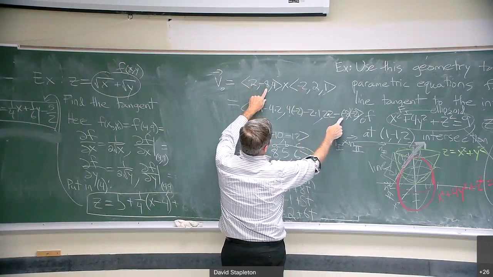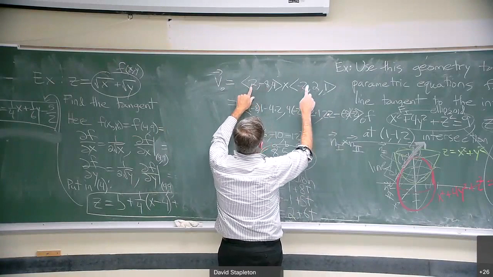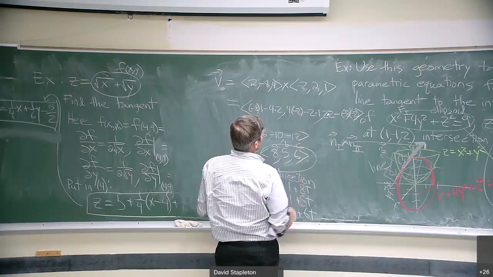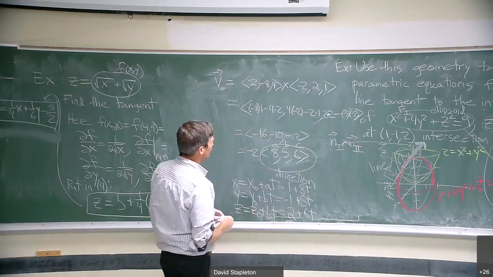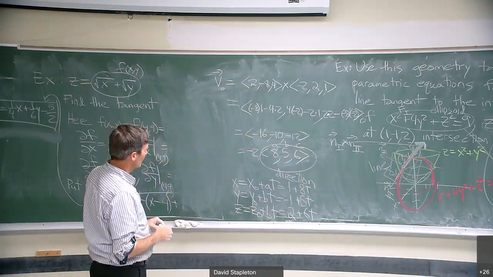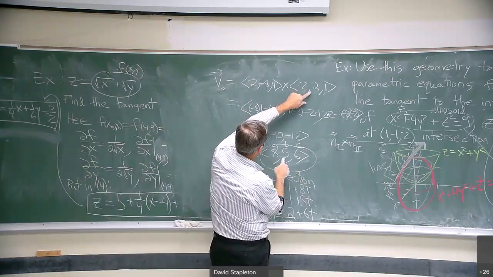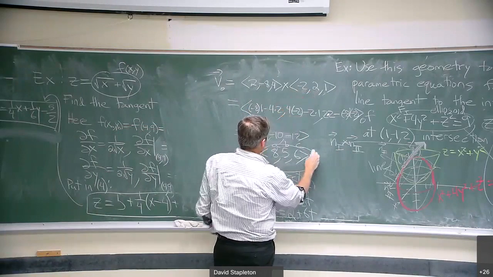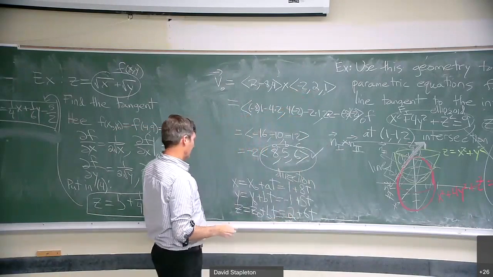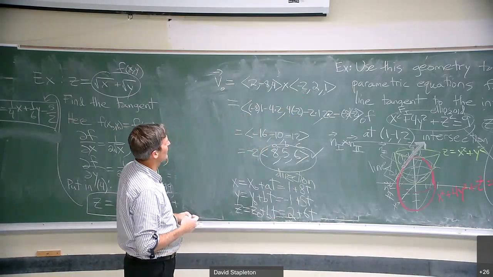So to calculate the cross product, the third component, I take first times second minus second times first. All right, so there's how you do it. I think that looks like it came out right. Minus 16 plus 10. Yeah, so this looks right. And the point's right, so we're good.